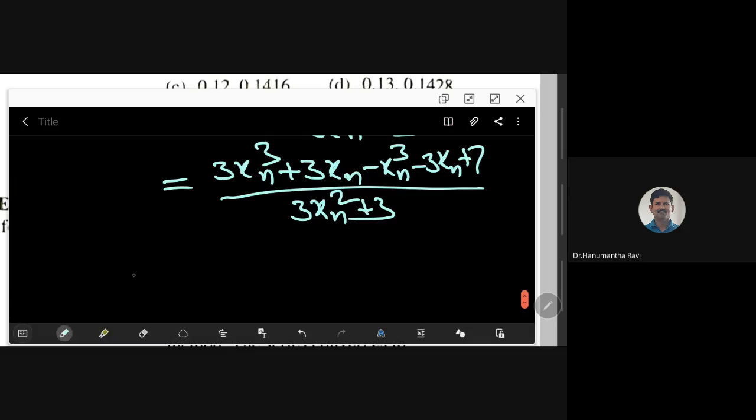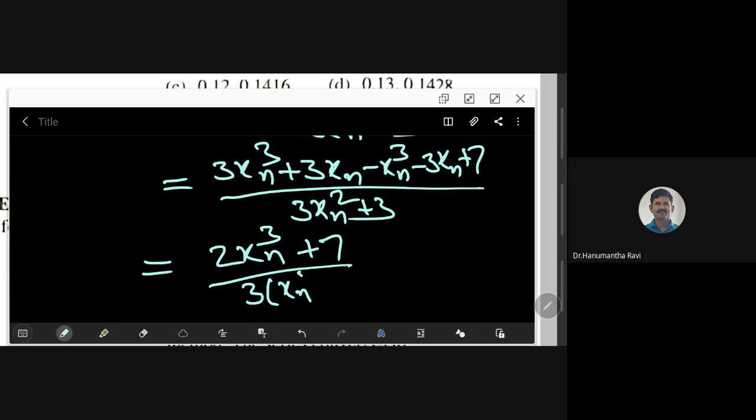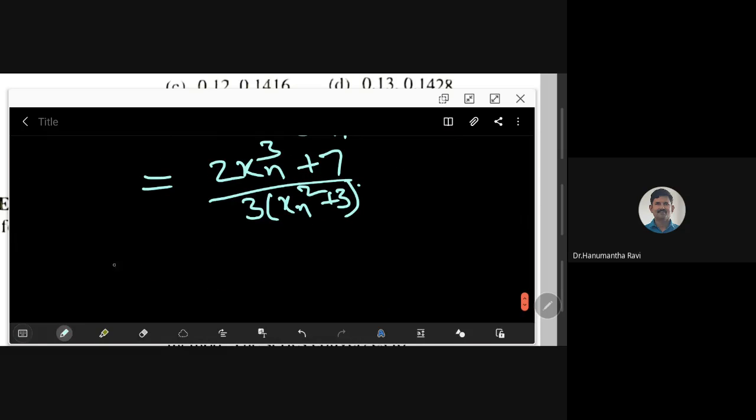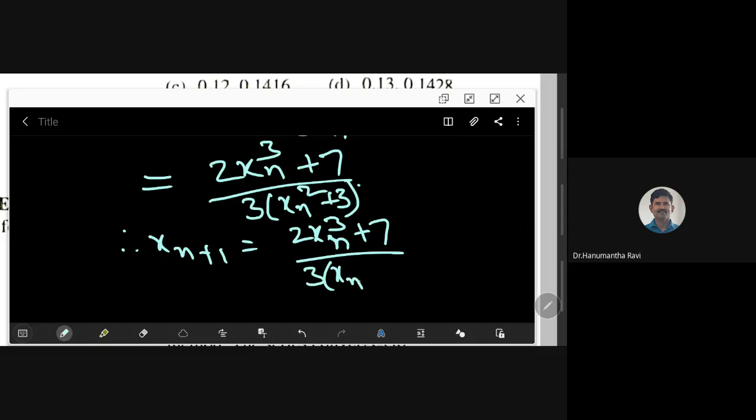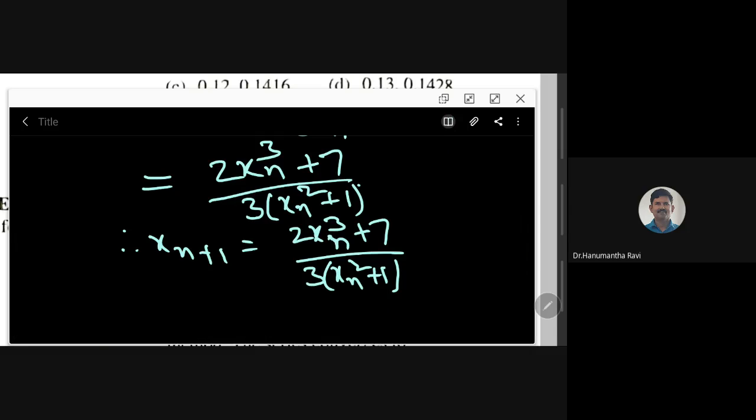So this is (2xn cube plus 7) by (3xn square plus 3). So what we got is xn plus 1. This is our formula.